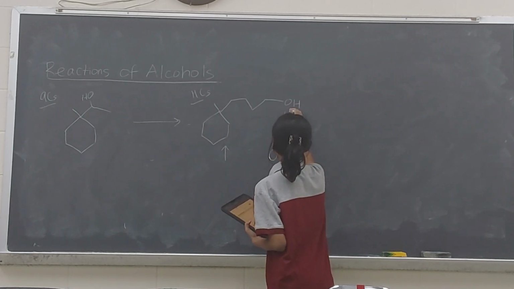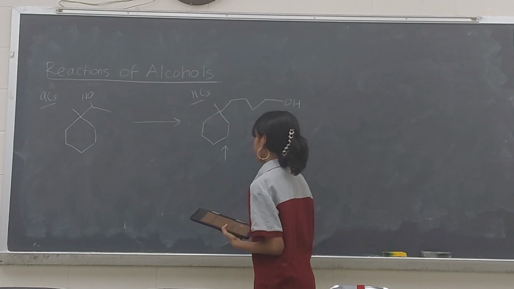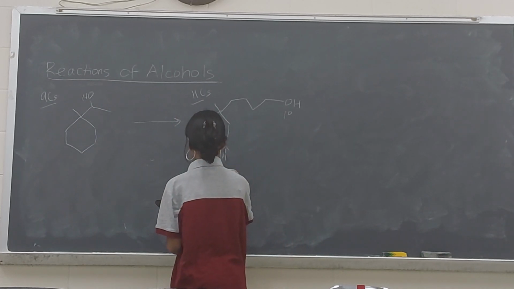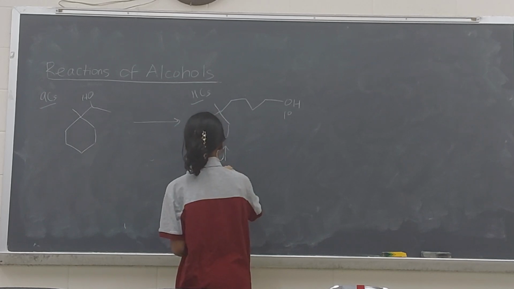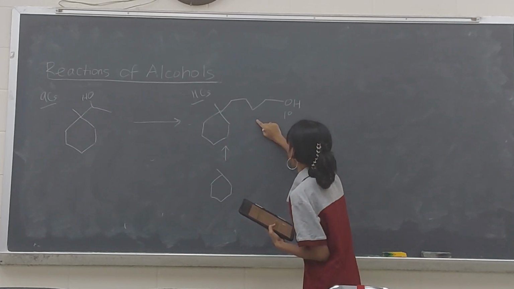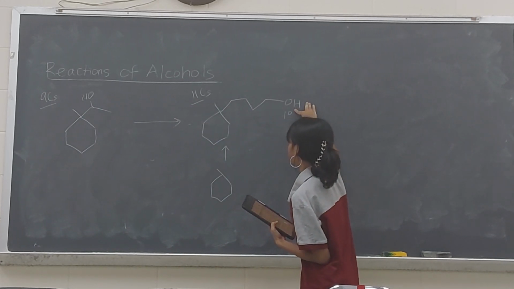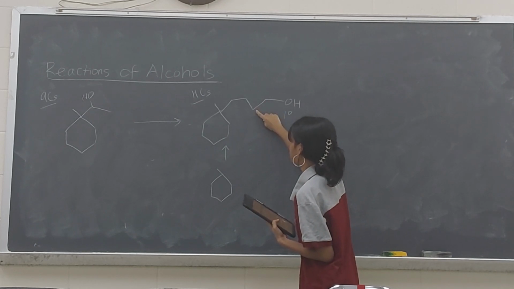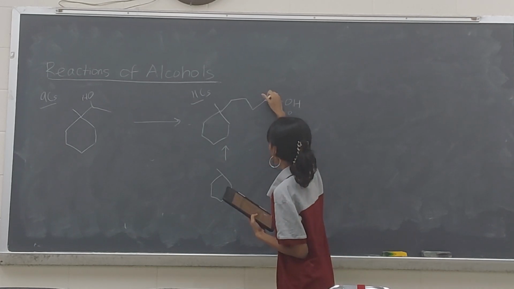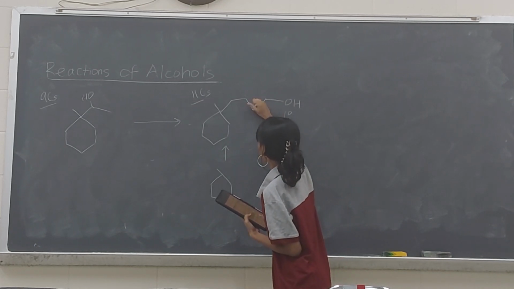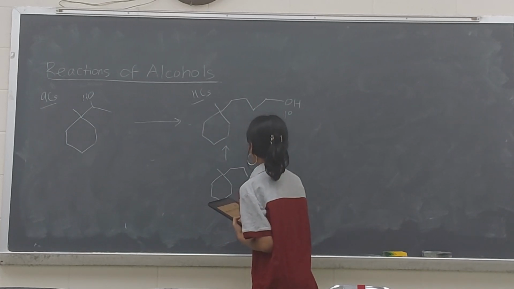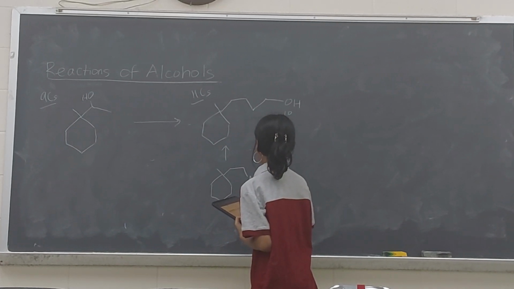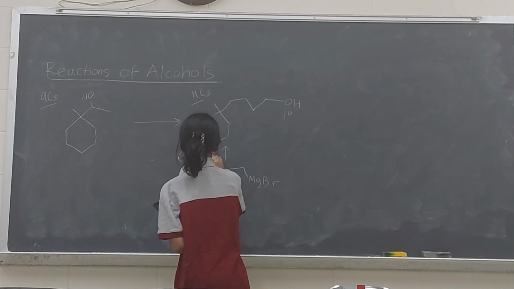And this is a primary alcohol as well, so we could do that in this case. So our Grignard would be here, right? The alcohol's here, 2 carbons would be here that are added, and then our Grignard would be the rest. So MgBr, and then our epoxide.